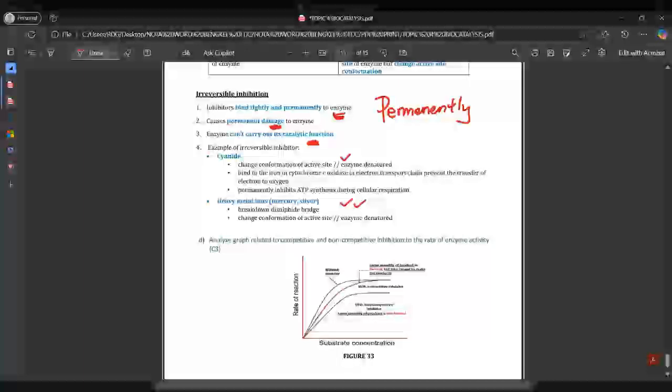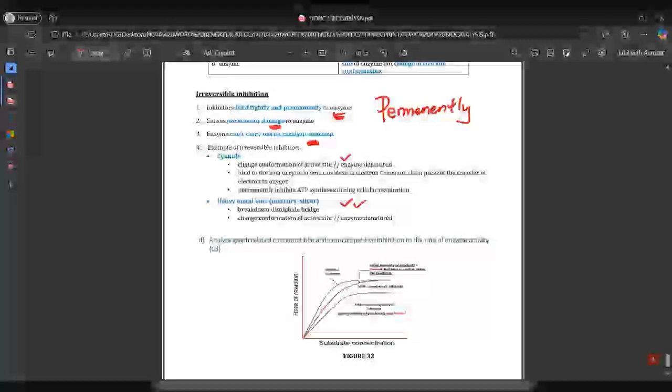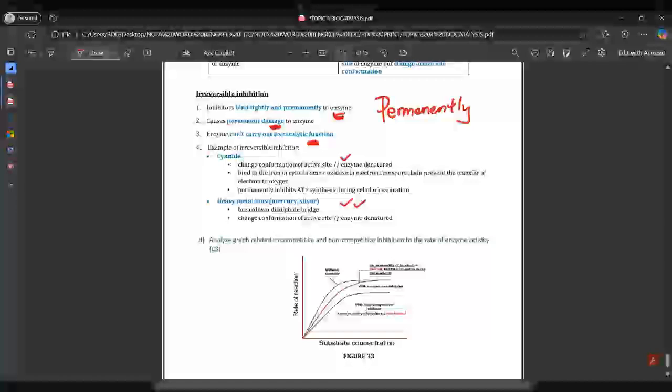If a person is exposed to a certain amount of cyanide, it will cause all the mitochondria to fail to carry out their function to synthesise ATP, and it will immediately kill the person if the dose of cyanide intake is too high. Because this is an irreversible inhibitor, we can almost say that if a person accidentally consumed too much cyanide, there is no cure for the person, because the effect is immediate.